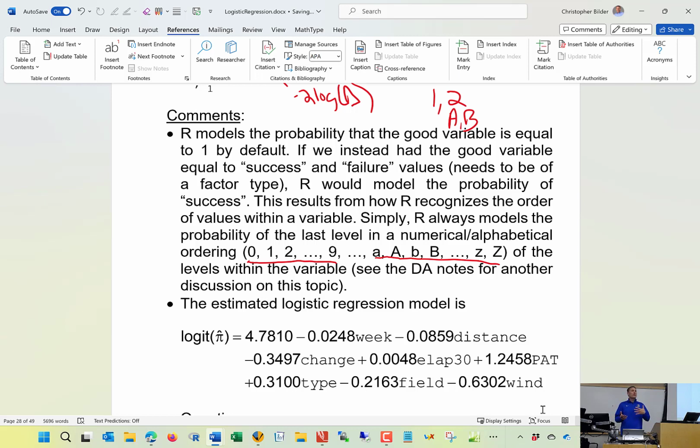It would be for the probability y is equal to B. So it's important to know that. One reason why I bring this up is if by chance some of you have experience with SAS, SAS is the opposite, unless you put a particular option in your code.